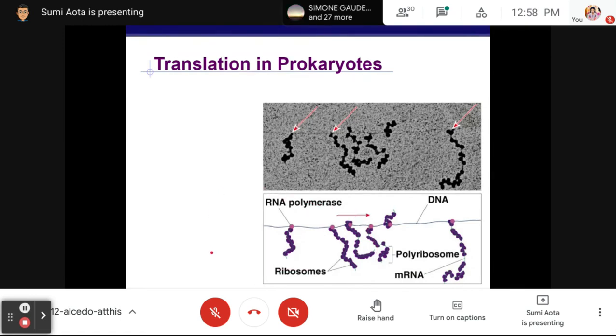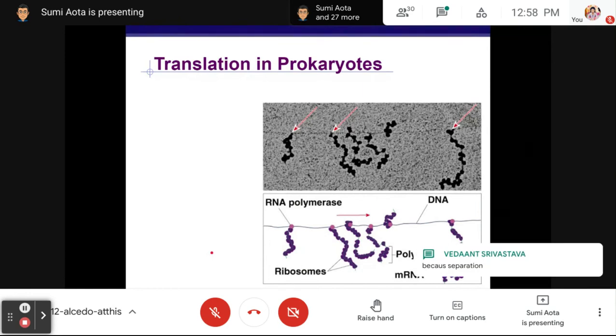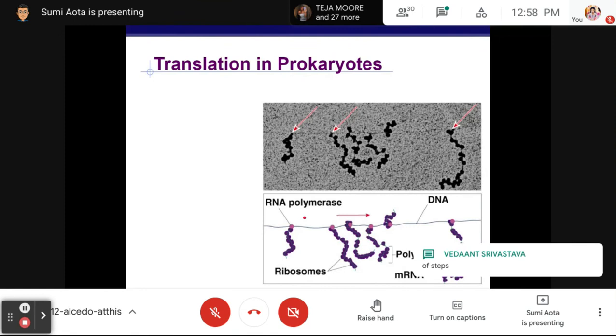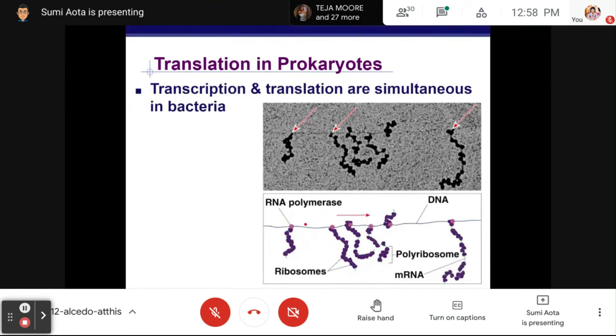Why not? So what's neat about prokaryotes is that in prokaryotes, transcription and translation are simultaneous. Because the genetic material is in the cytoplasm and there isn't a nuclear membrane and there's no introns to get rid of, you can have translation and transcription occur at the exact same time.